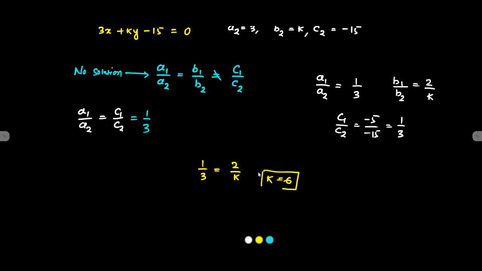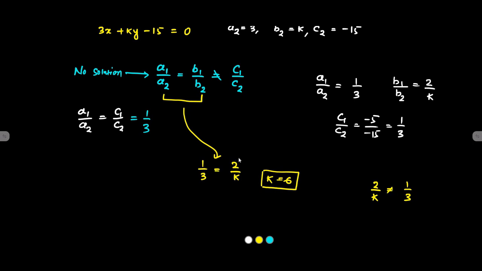Okay, this a1/a2 should be equal to b1/b2. But here b1/b2 should not be equal to c1/c2. It means 2/k should not be equal to again 1/3, which is equal to c1/c2.